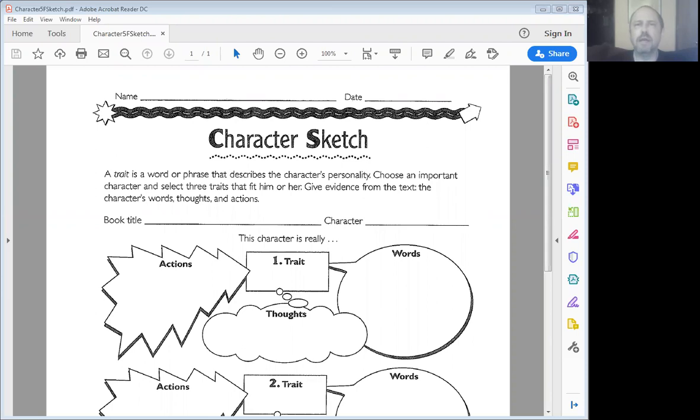We're looking at character sketches, writing a report of sorts that talks about the type of person that a character in a piece of fiction, for example, is.